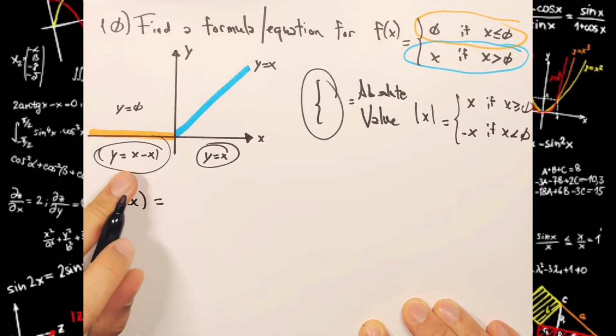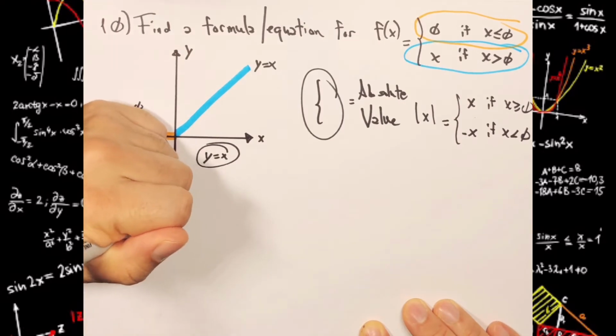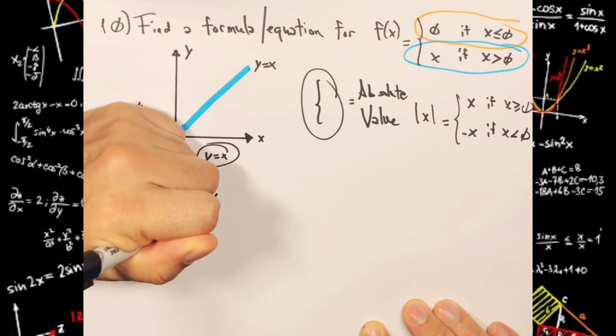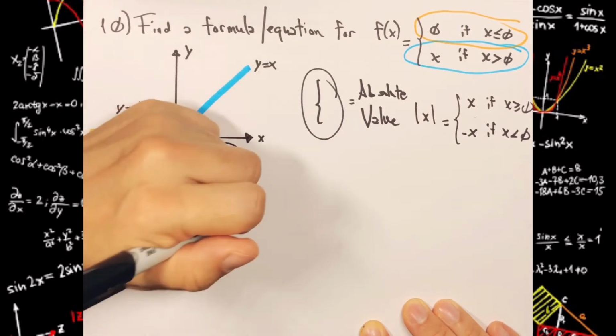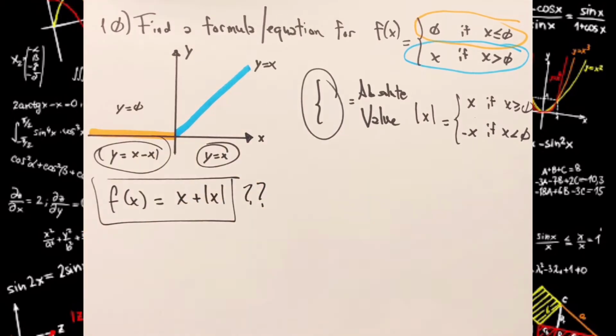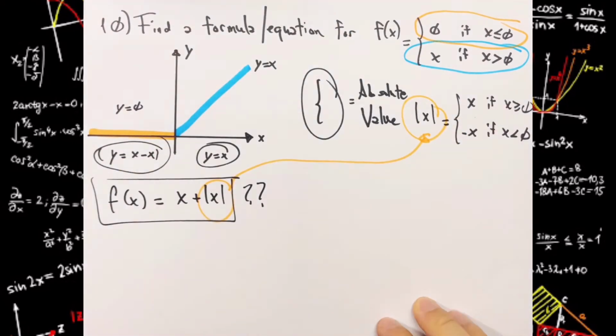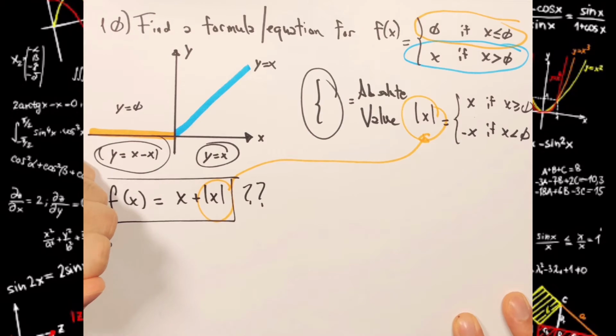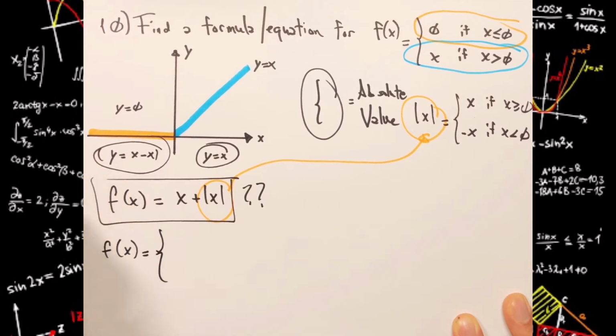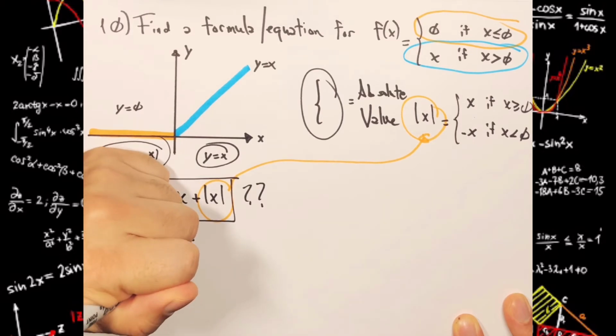So if x minus x represents the negative part and x the positive part, maybe we can do a little bit of trial and error with f of x equals x plus absolute value of x and see how that solves, because we have the positive part written by the x part, but we also have the absolute value that is going to help us with the bracketing portion that we have in the initial part of the problem. So let's rewrite that proposal. Let's just brainstorm and see if that solution may work.